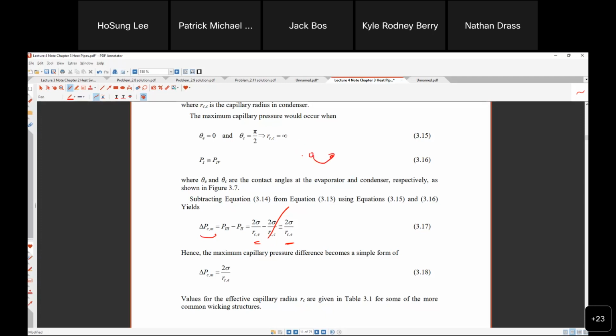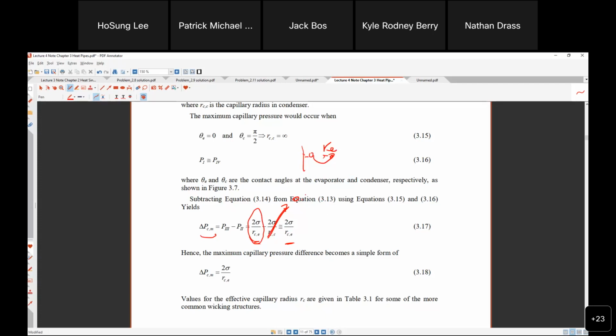Because the condensation radius is almost infinity, it's basically zero. Yes, that's why the radius of evaporation is this.